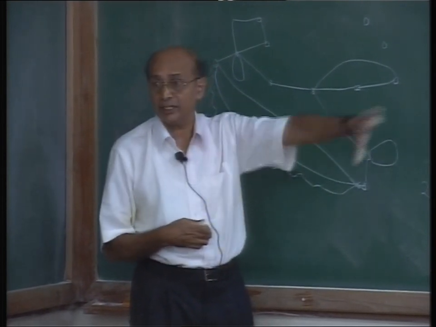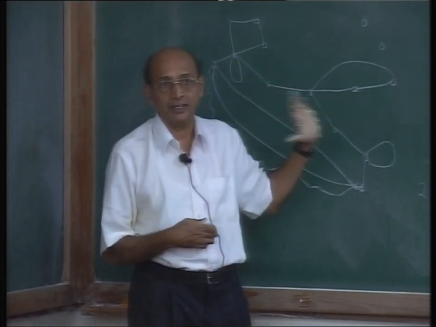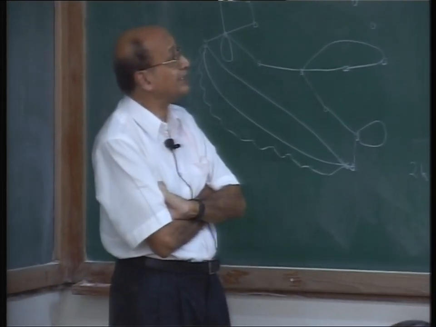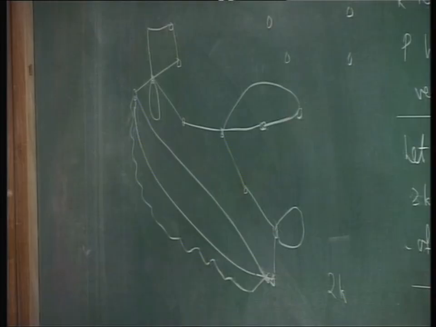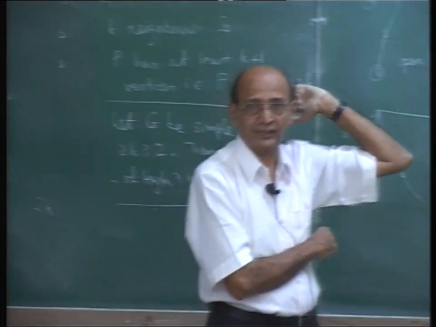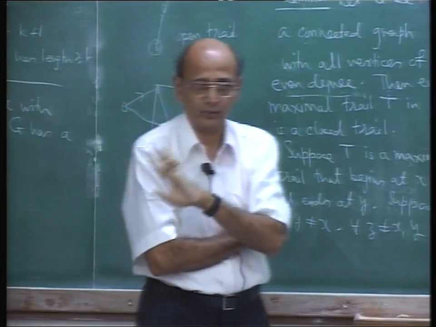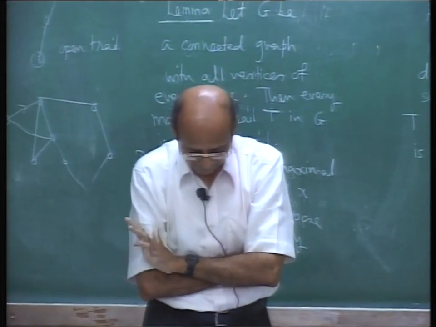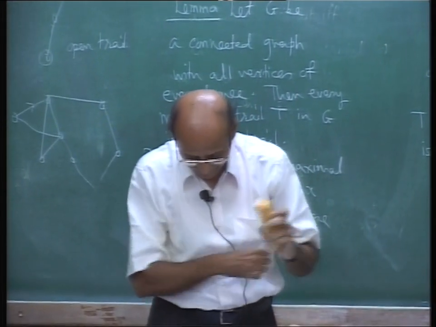The entire edge set can be covered by using k open trails. So these are all consequences of Euler's main theorem. This is ingenuity. Adding extra edges just for convenience is the ingenuity involved in the proof. Okay. Some more things.